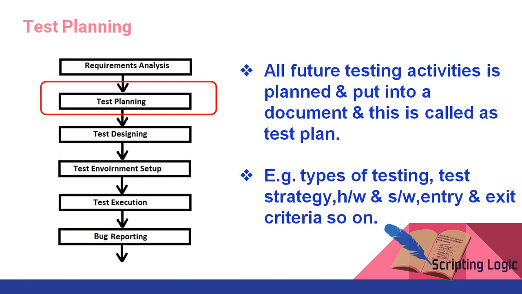So we plan what the test strategy should be, what hardware and software will be required, and what our entry and exit criteria will be. All these things are planned in test planning.